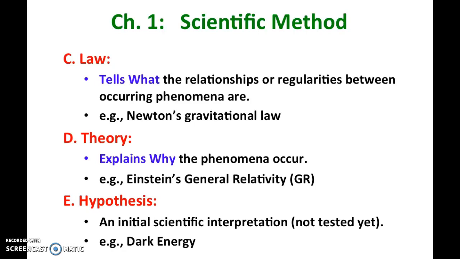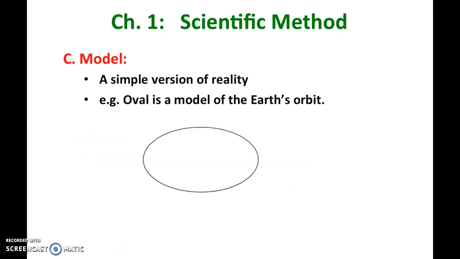It's just a hypothesis. A model is a simple version of reality. For example, oval is a model of Earth's orbit. The real Earth's orbit is actually a non-closed ellipse, not exactly an oval.